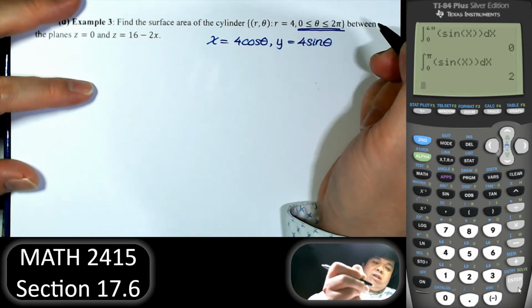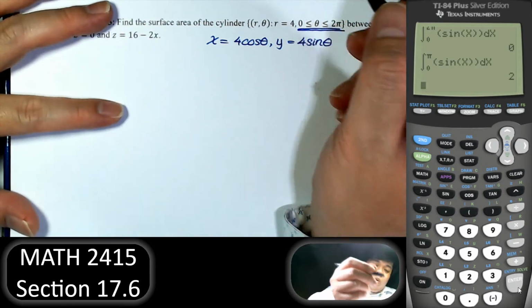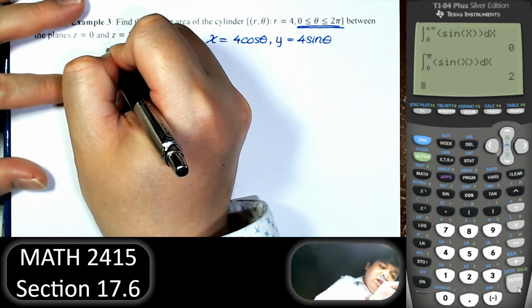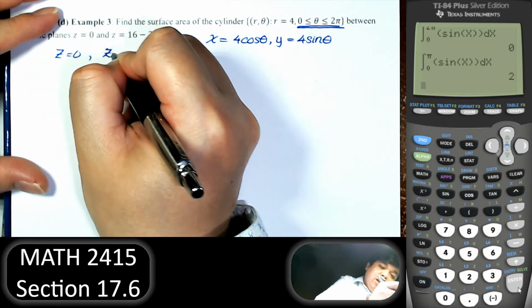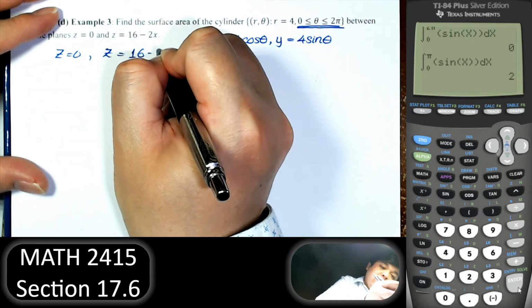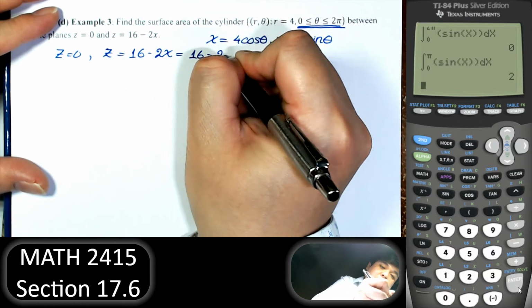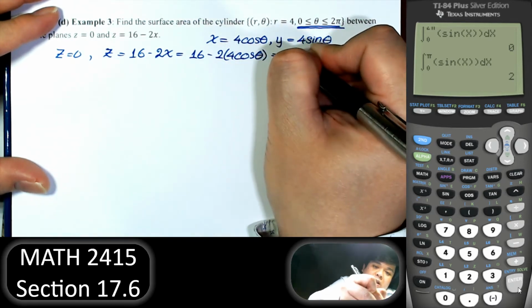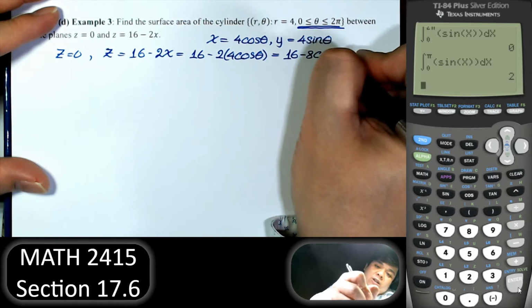And now with that limit, we have z between 0 and 16 minus 2x. 2x is 2 times 4 cosine theta, so I have 16 minus 8 cosine theta.